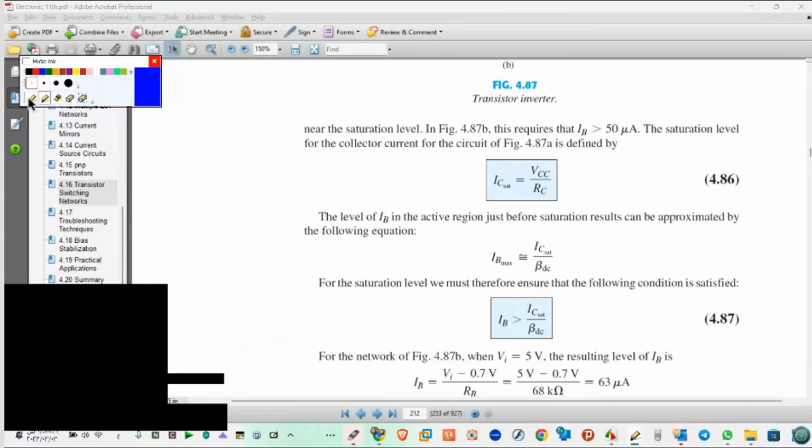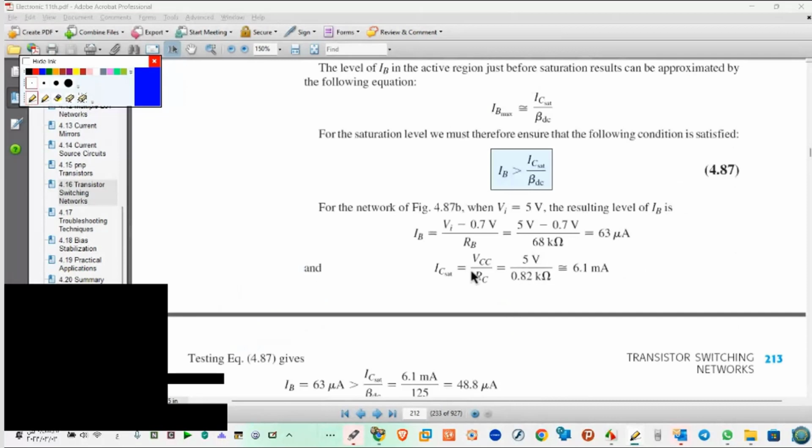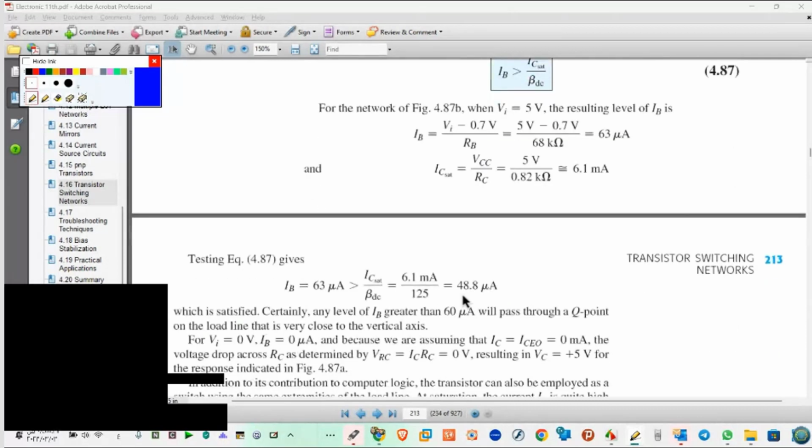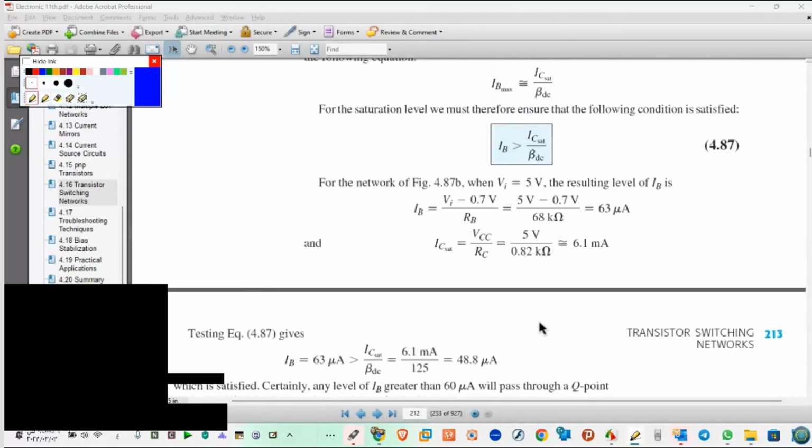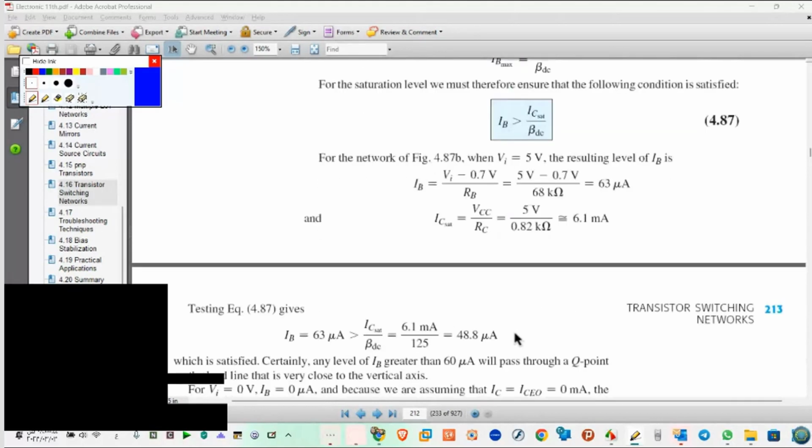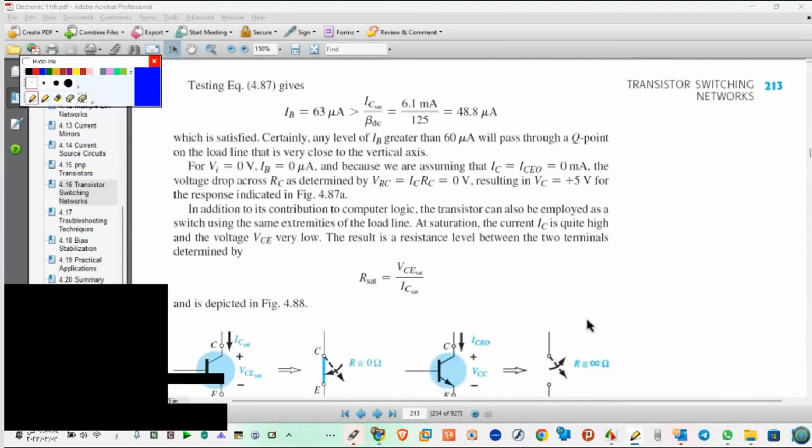I will calculate this one, and after that IC. So for example, see here, IB is 36. IB max in our book is 48.8 micro. IB bigger than IB max, yes, so we are working in saturation region. Got it?